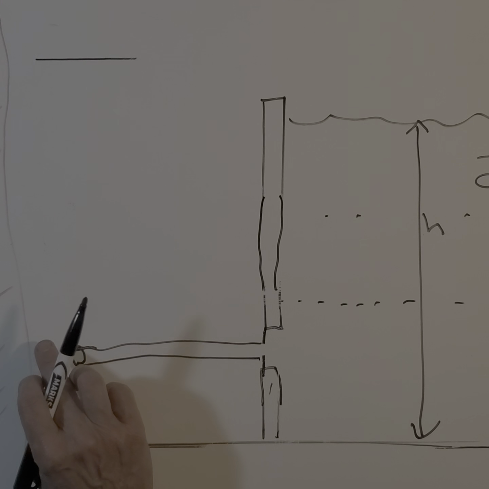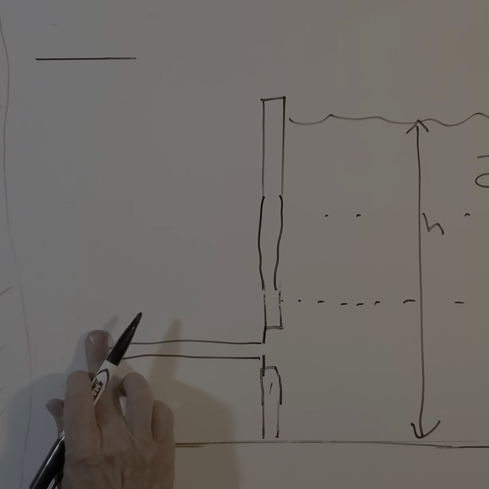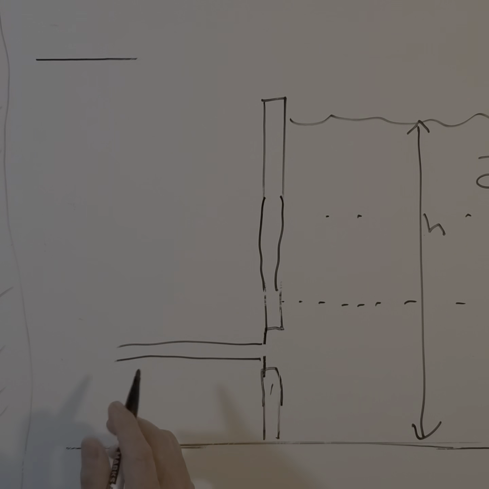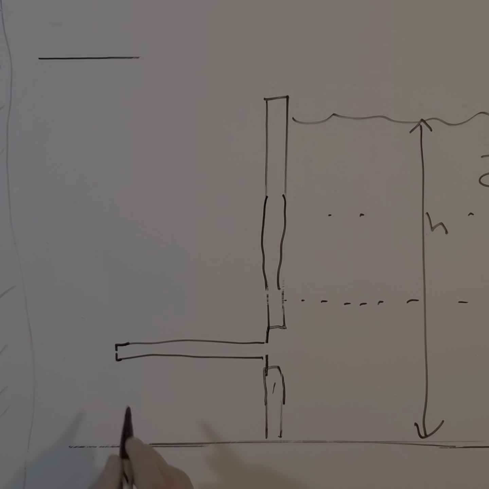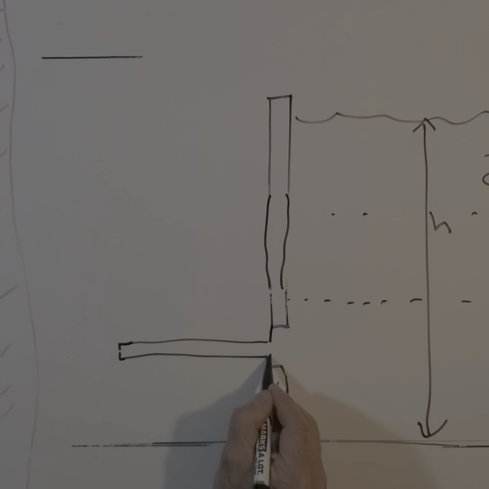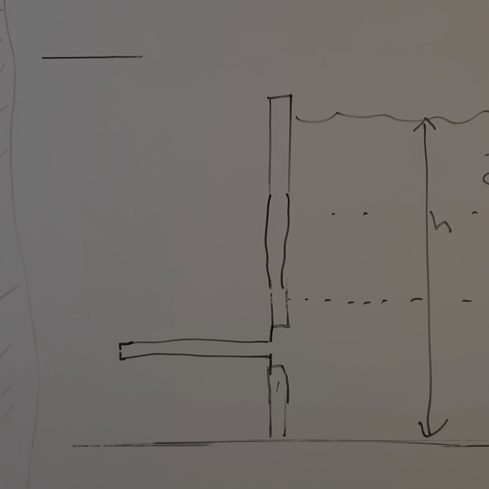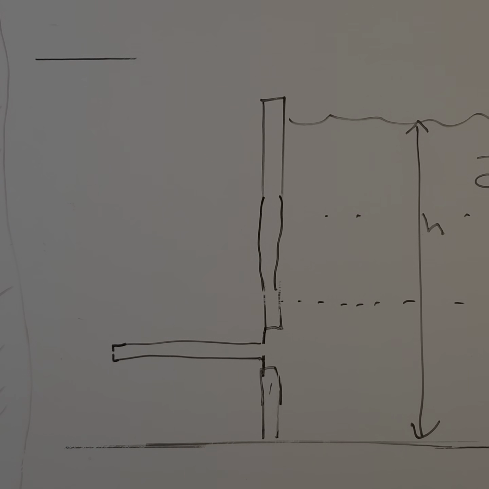Now, if I were to have a hose with a very small aperture, what would the velocity of the small diameter of water coming out of that be?